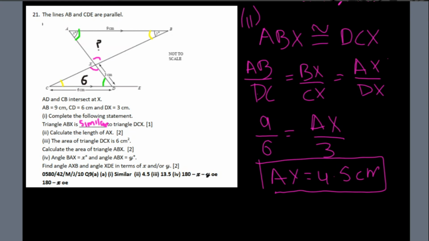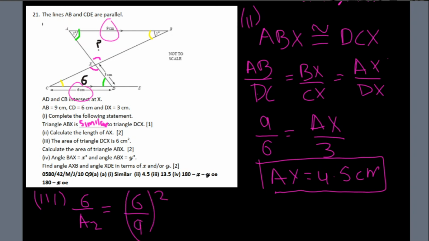For part 3, A1 is 6 over A2, which we need to find, equals L1 is 6 over 9, we have to use the corresponding length, so whole square. Now this becomes A2, I'm going to cross multiply: 6 times 81 divided by 36, this gives us 13.5.